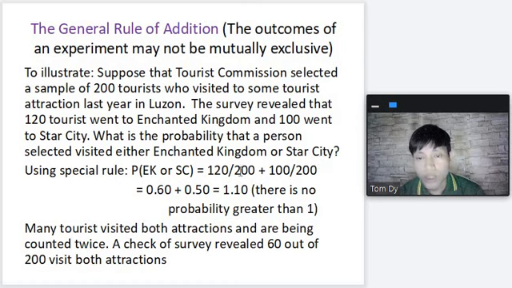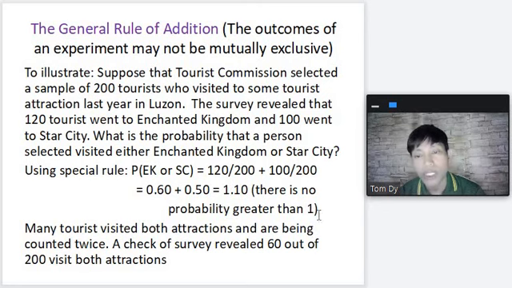If we sum up their probabilities, 120 divided by 200 is 0.60, plus 100 over 200, which is 0.50, the sum is 1.10.